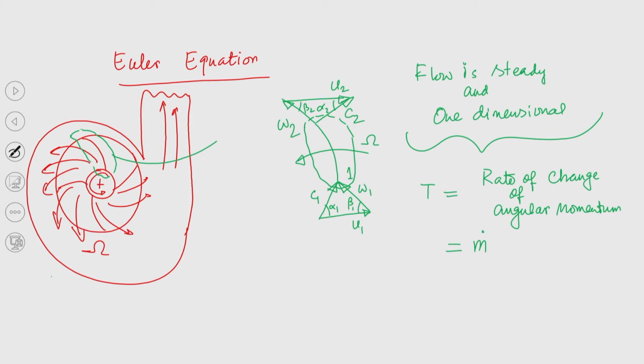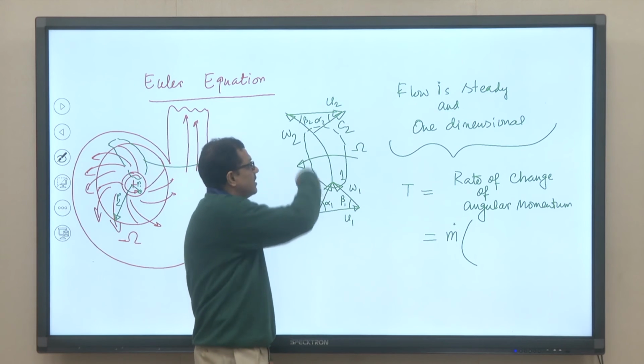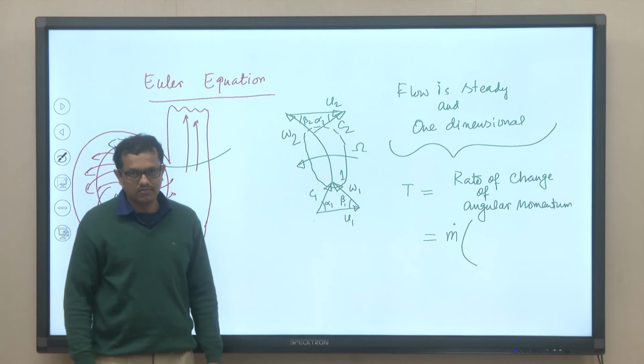So, this is R1, and this is R2, and the smaller radius of the smaller circle is R1. So, m dot into the tangential component, but the absolute velocity, see, the absolute component of velocity is responsible for the swirling motion, which we will be discussing soon. The absolute component of velocity both at the inlet and outlet is responsible for the swirling motion.